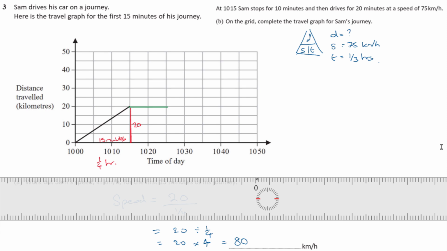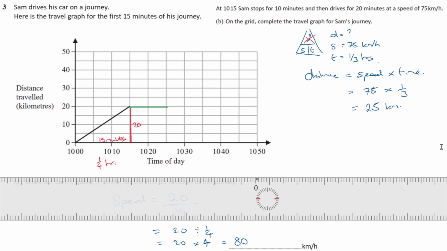So I cover up D, and that tells me what to do with the other two. Distance equals speed times time, which is 75 times a third, or in other words, 75 divided by 3. So that is 25 kilometers.